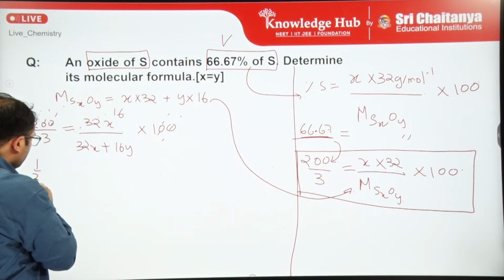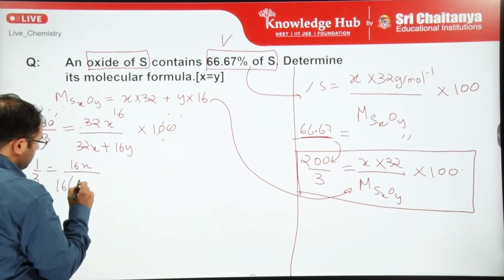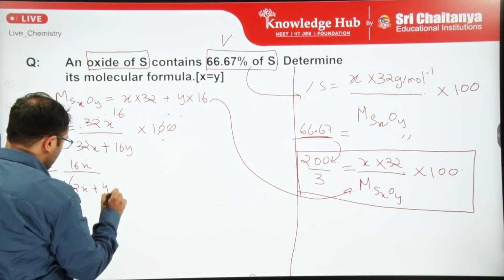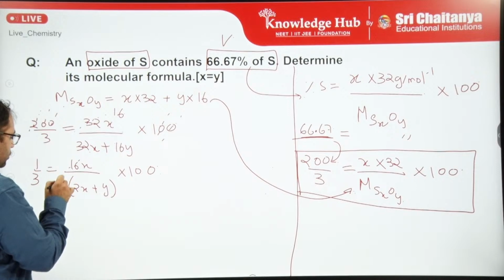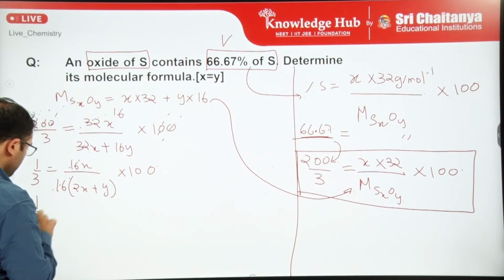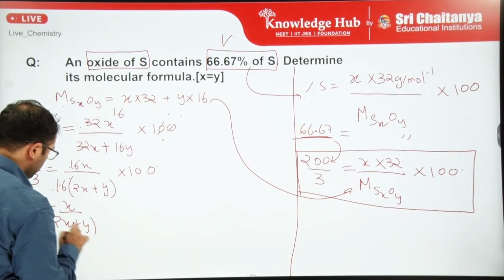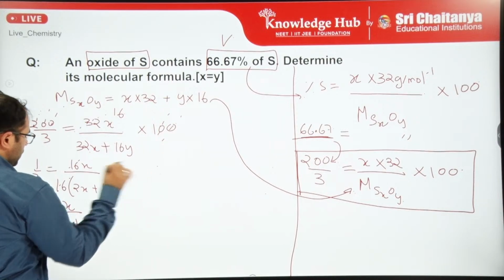So I can write it as 1 by 3 16x, 16 2x plus y into 100. I can cancel out 16. Okay, 100 is already gone, so not required here.